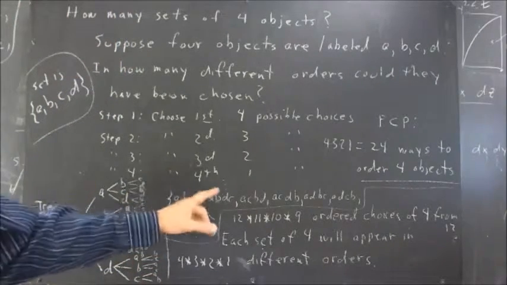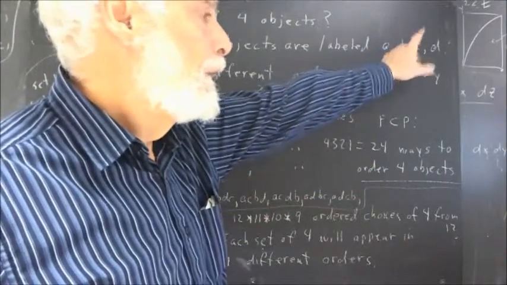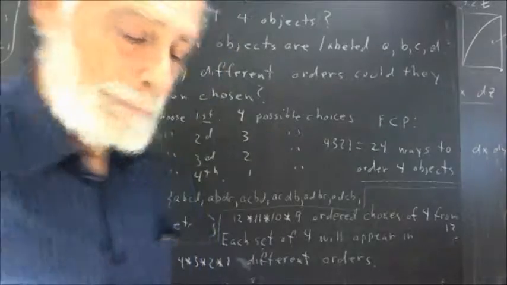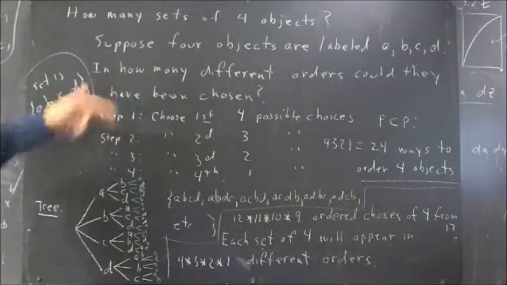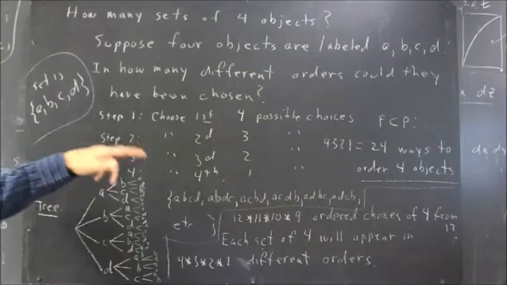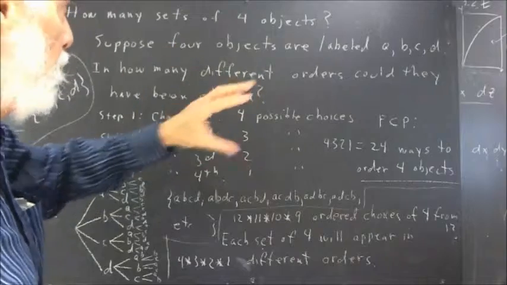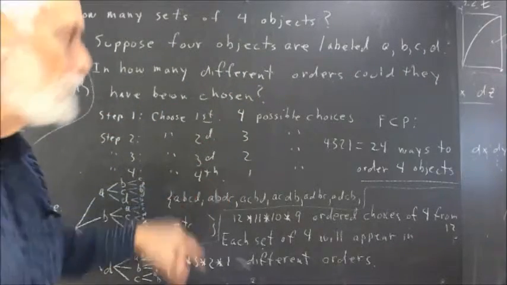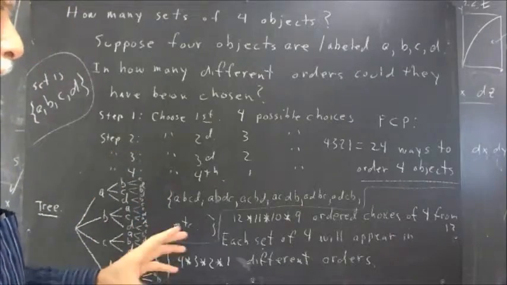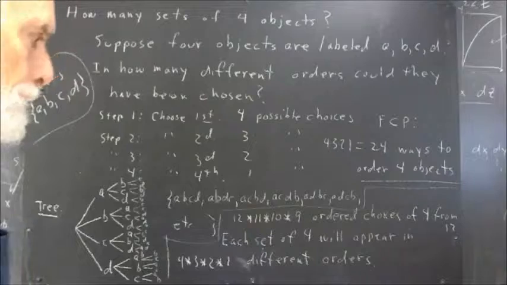Any way you look at it, you find that there are 24 ways to choose 4 objects A, B, C, and D. And the objects don't have to be labeled A, B, C, and D. This analysis doesn't depend on the letters. The letters are simply there to make it possible to draw a tree or a listing. The fundamental basic idea then is that there are 24 ways to order 4 of these objects.